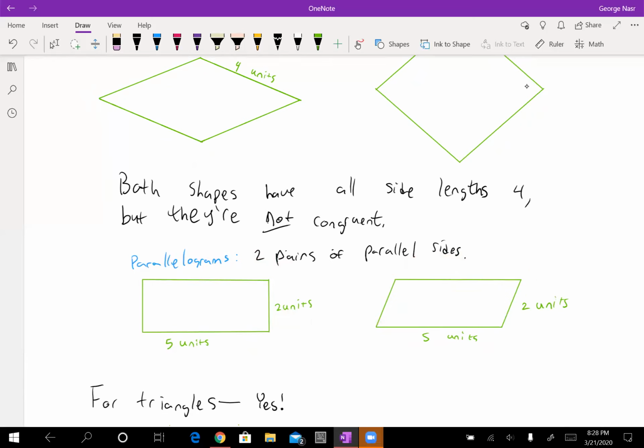So they have the same side lengths, but they're not congruent. There's no way I could bring this over here, rotate it, reflect it, whatever. There's nothing I can really do to make this work.